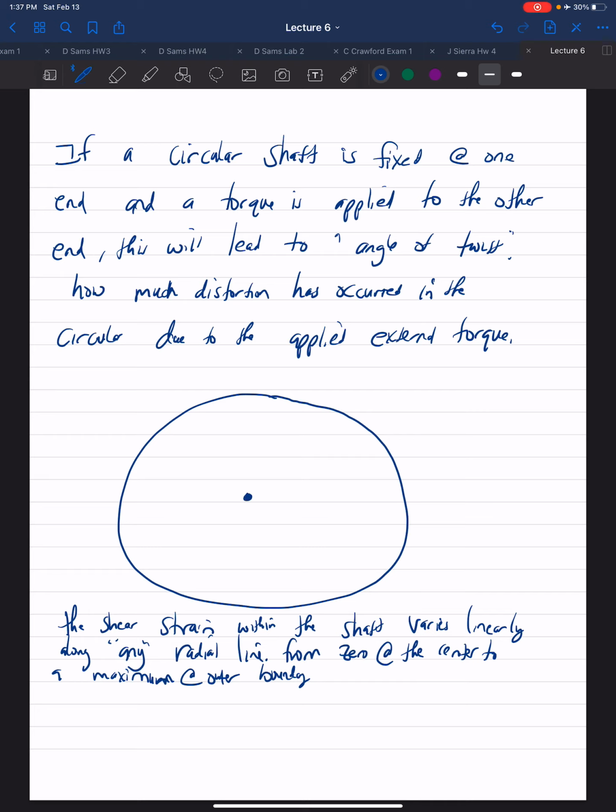So if this is the center of the circular shaft, it varies linearly along the radius, out to a maximum value at the outer surface. So this would be the maximum shear strain, and this would be where shear strain is 0.